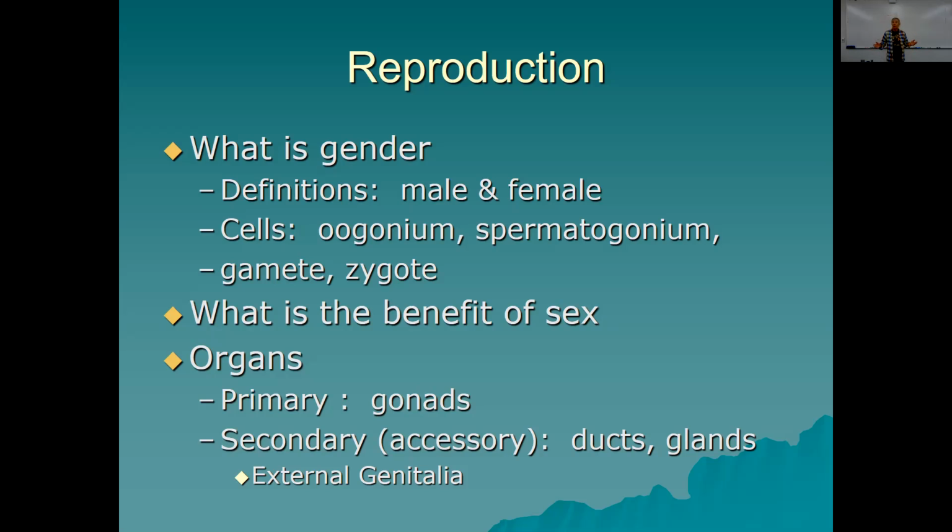They're made by a special process called meiosis in gonads, ovaries and testes. And one of them is large and immobile and has all of the organelles that a cell has. The other one is small and mobile. It doesn't have all the organelles that a cell has.